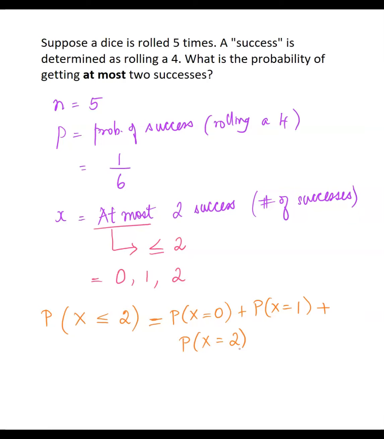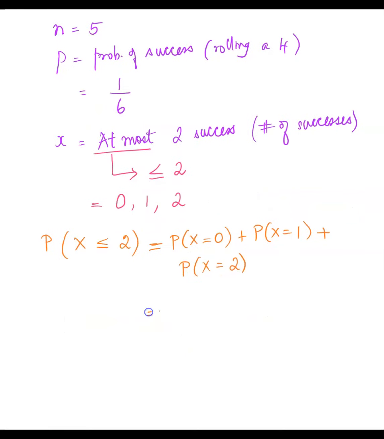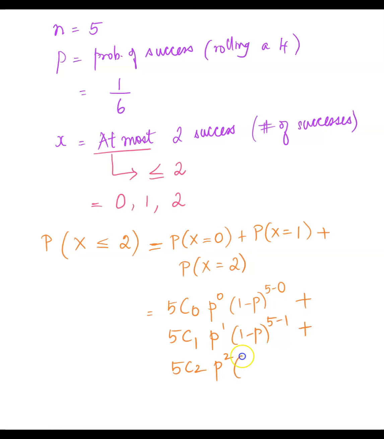Now if you were to do this manually, that will be nCx p power x q power n minus x, right? So 5C0 p power 0, and instead of q I write 1 minus p power 5 minus 0, plus for x equals 1, 5C1 p power 1, 1 minus p power 5 minus 1, plus 5C2 p power 2, 1 minus p power 5 minus 2.